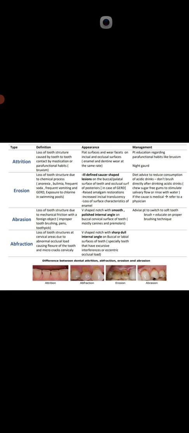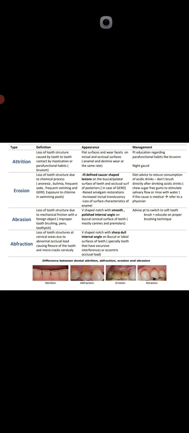How do we clinically identify this as attrition? Because attrition occurs on the incisal surfaces of anterior teeth and occlusal surfaces of posterior teeth, and there is yellow dentine visible on the incisal or occlusal surfaces because the enamel is lost, dentine is also lost, and the yellow dentine is visible, and there will be sensitivity in the patient.